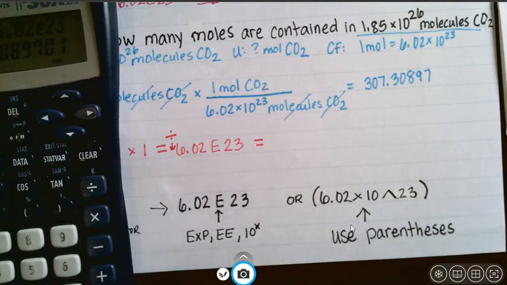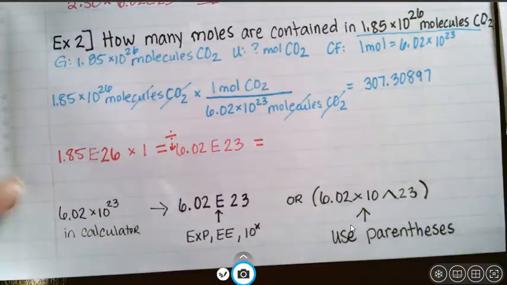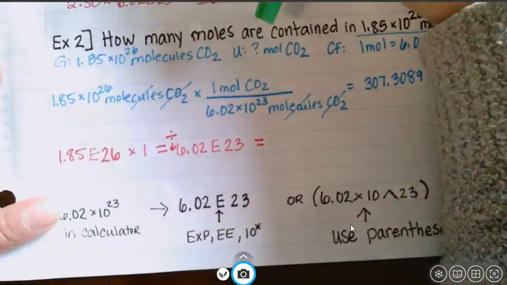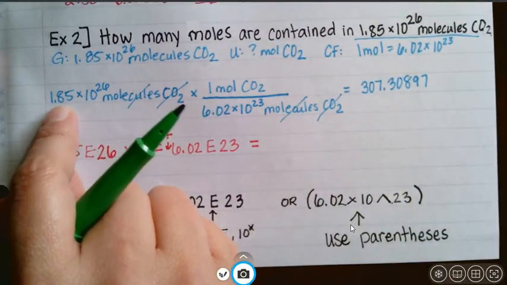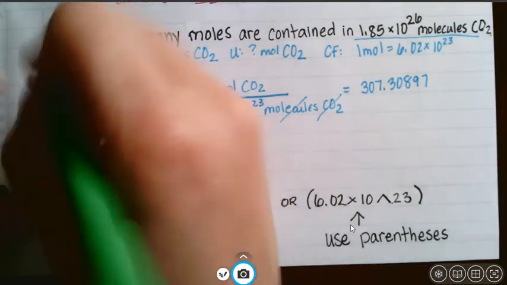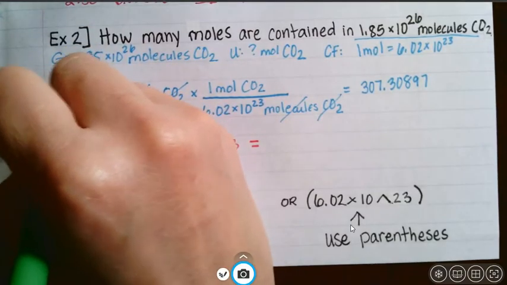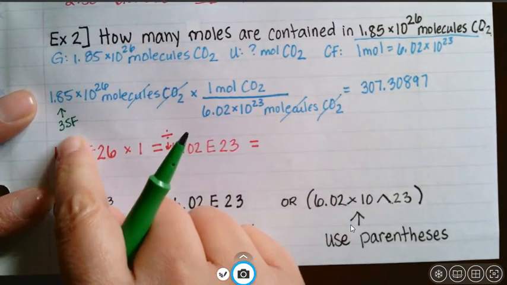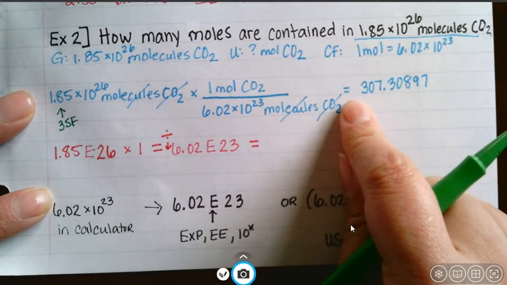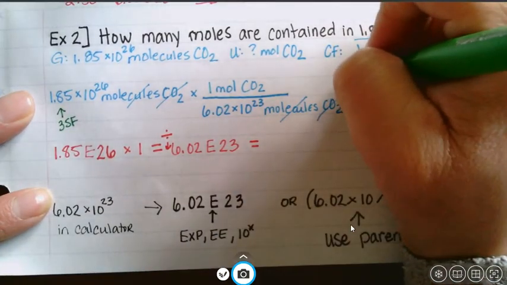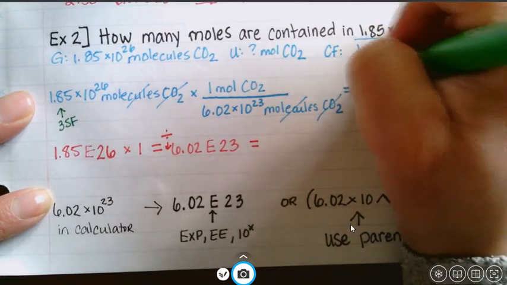Okay, let's count significant figures. Remember that in scientific notation, the only part that counts is the number in front, the coefficient. There's only 3 significant figures. Okay, there's only 3 here, so this answer should have 3. We start counting at the first non-zero on the left. So it's 1, 2, 3.